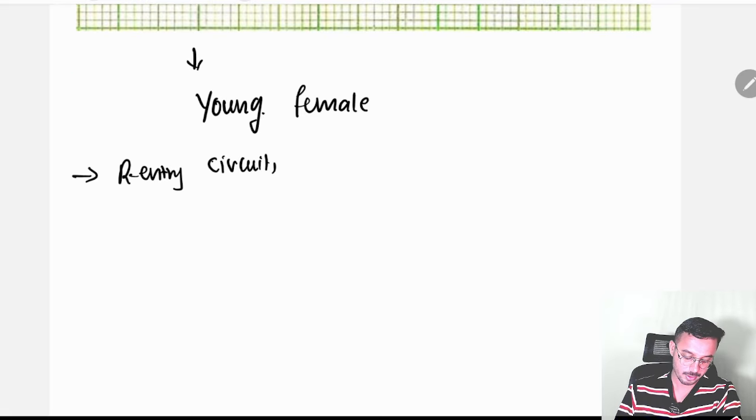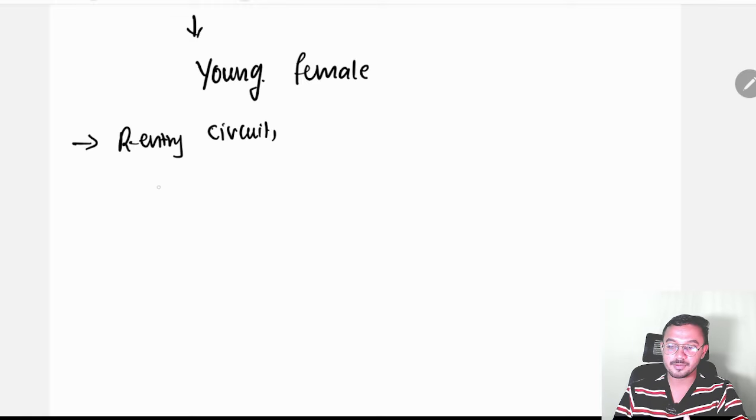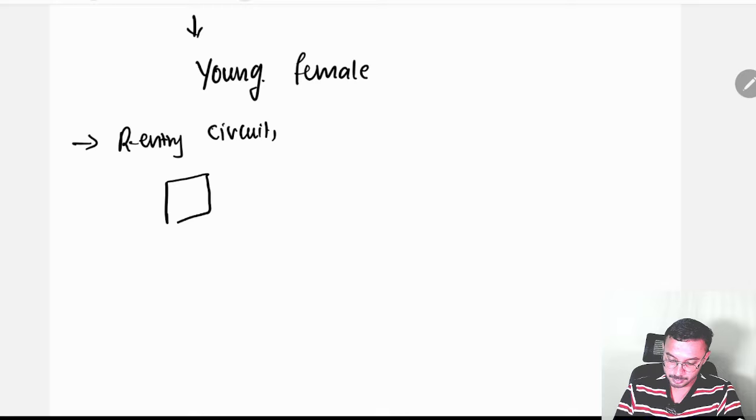So I taught you previously that in all the above conditions the current is roaming in the right atrium, left atrium, but here the current is around the AV node, no?